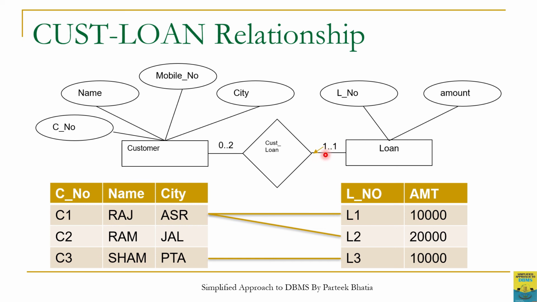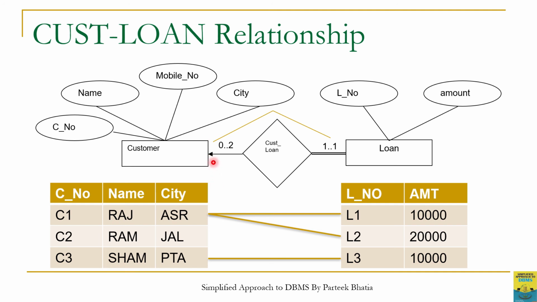Since the minimum value 1 indicates total participation, this should be represented with a double line, while the maximum value of 1 indicates that for a given loan we can have only one customer at most. So this helps us decide the connectivity of customer with the customer loan relationship. For a given loan we can have a maximum of one customer. That's why we have added a pointer into this relationship.